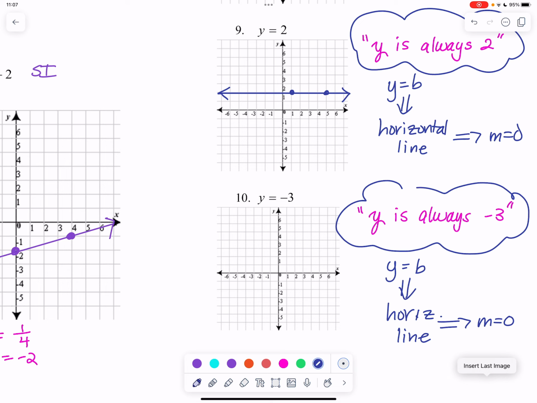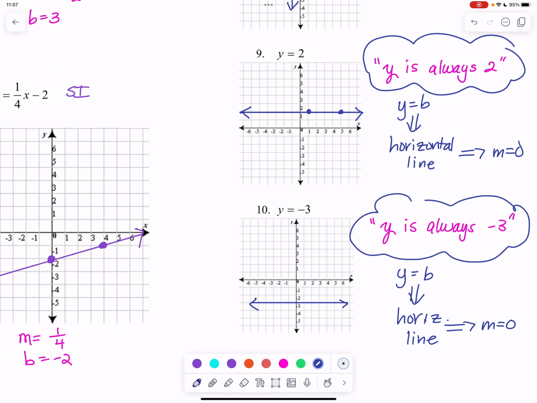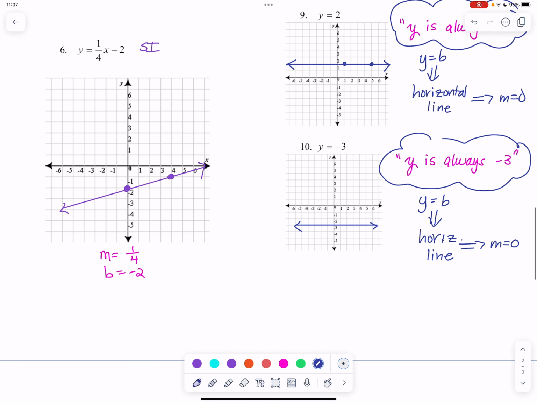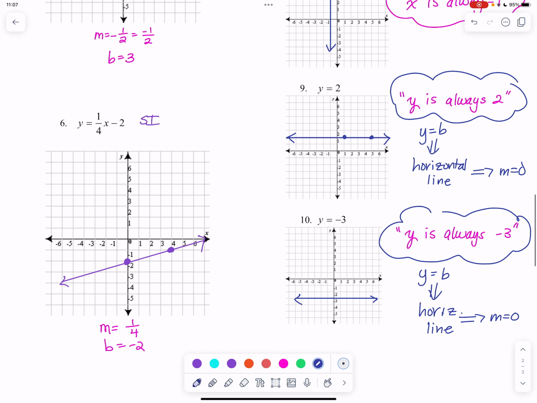So y equals a negative 3. 1, 2, 3. And we have this horizontal line at negative 3. Okay. That concludes this PRW section.